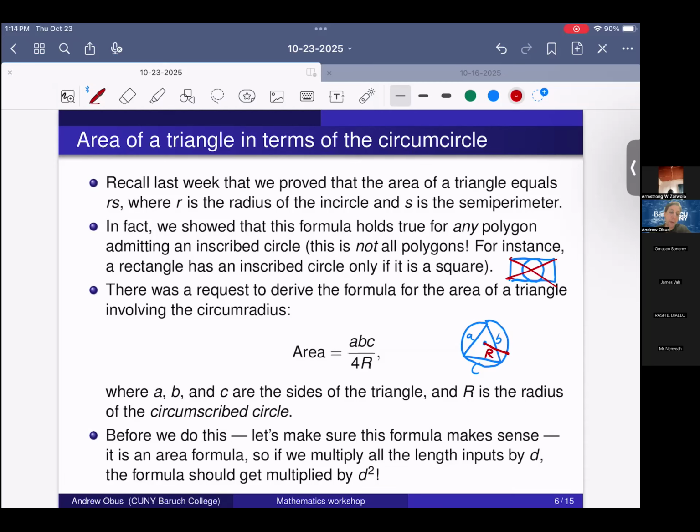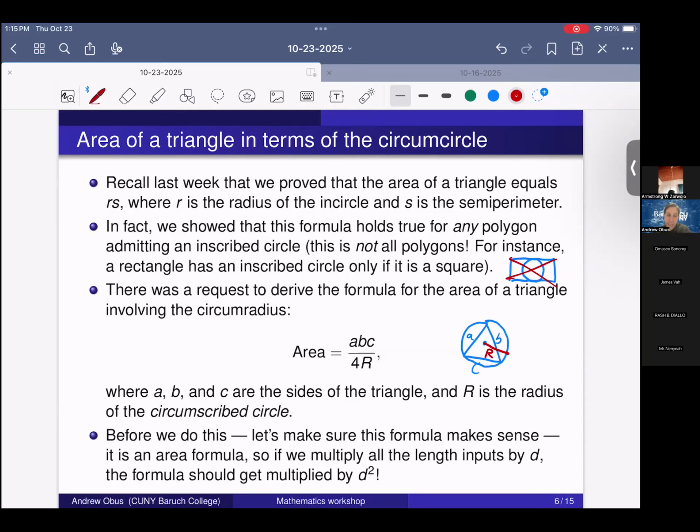So we're saying if we multiply all of the length inputs by d, then the area formula should get multiplied by d squared. So before we prove this formula, let's check that it could possibly work. It has to satisfy this rule that all area formulas satisfy, no matter what the shape is.